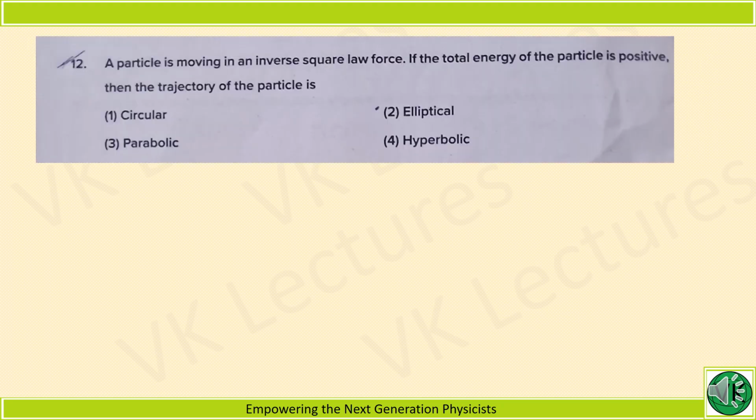A particle moving in an inverse square law force, if the total energy of the particle is positive, then the trajectory of the particle is, the answer is option 4, hyperbolic.